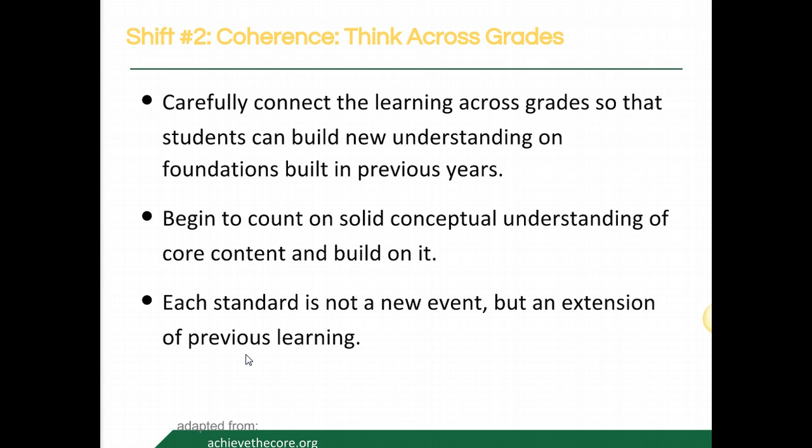Coherence allows for the review and reteaching of previous standards to naturally build within the year. So it begins to count on solid conceptual understanding of core content, and then we build on it. Each standard is not a new event, but an extension of a previous year.